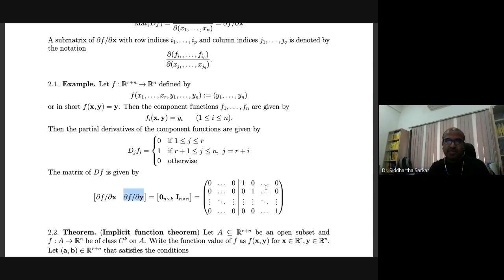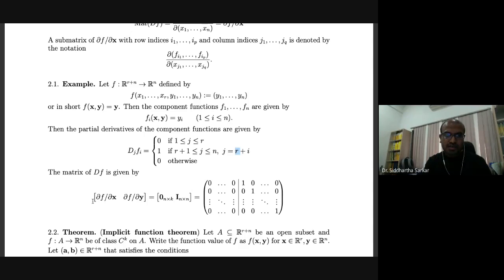It's actually a slanted identity, shifted by r units, because the first r columns are already zero. Okay, so this is trying to explain the notation I'll be adopting here. This will be used throughout in the next proof, the implicit function theorem.